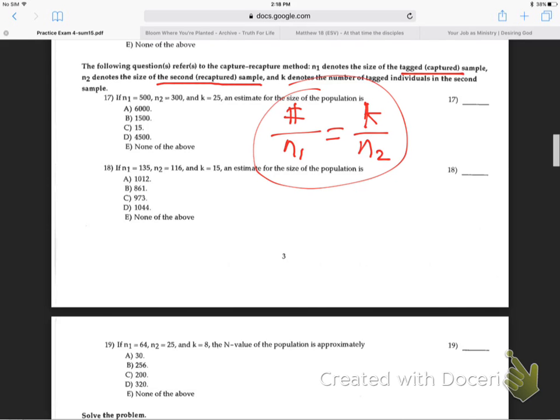What's it saying? N1 denotes the size of the tagged sample. Wait, do I have that right? The size of the second sample.